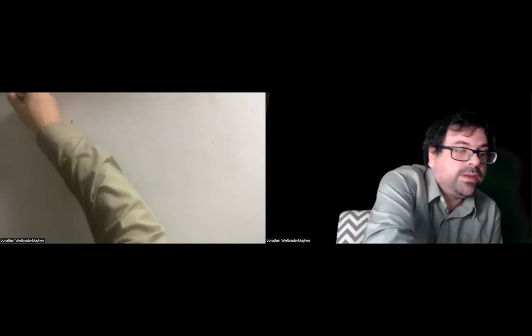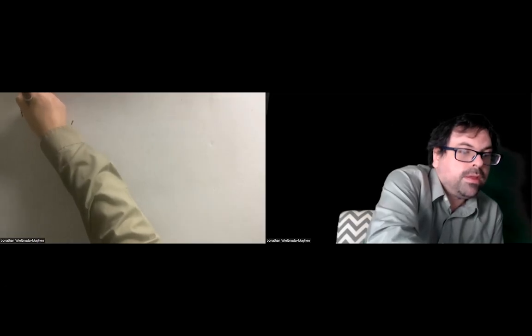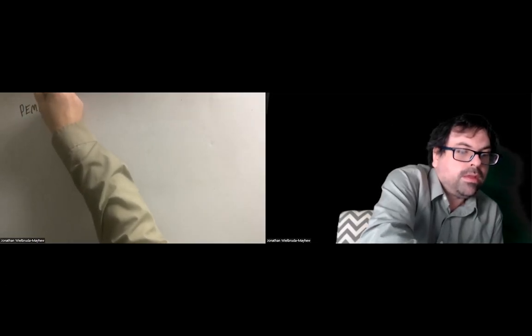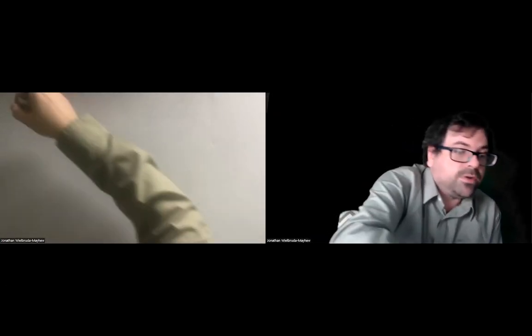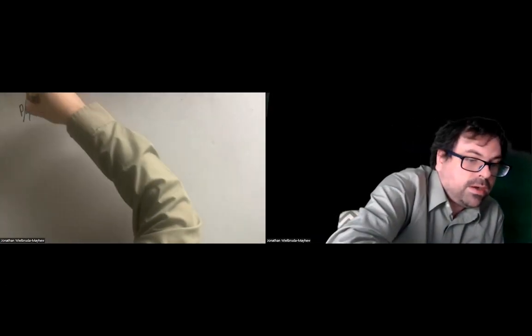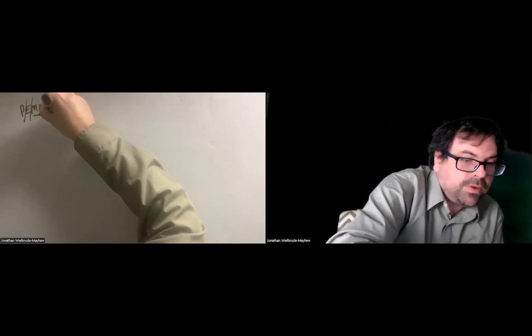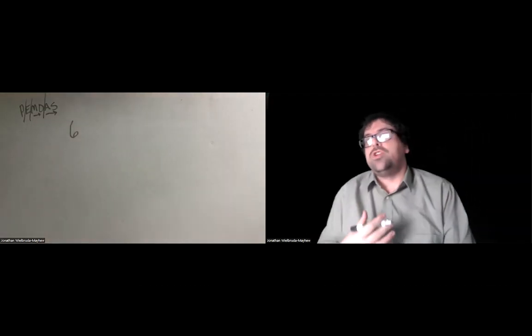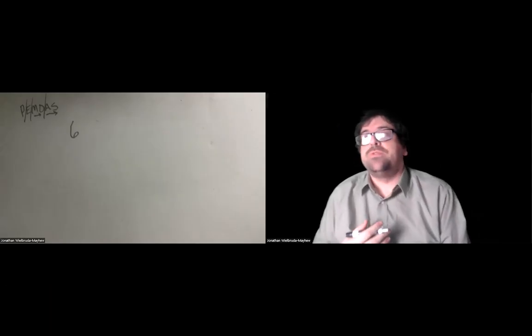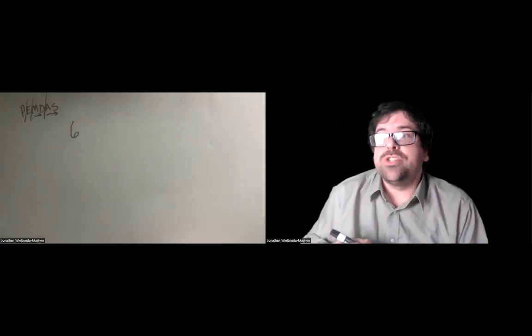And actually, let me put PEMDAS up in the corner so we're always aware. I always write it like this, showing what the 4 steps are, showing that multiplication and division is left to right, addition and subtraction is left to right.